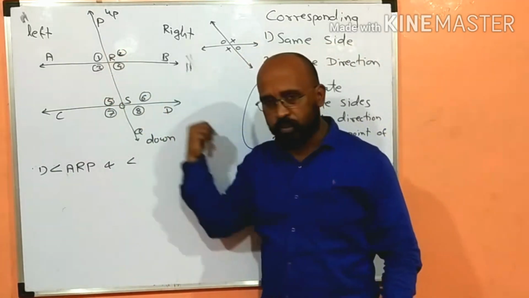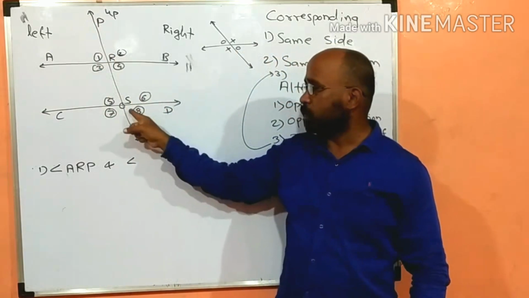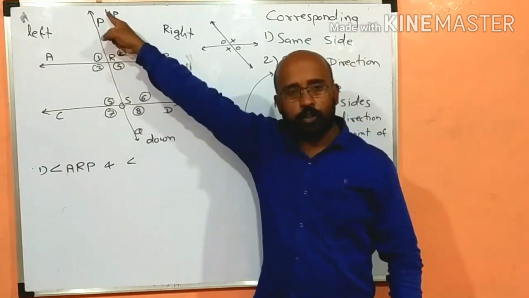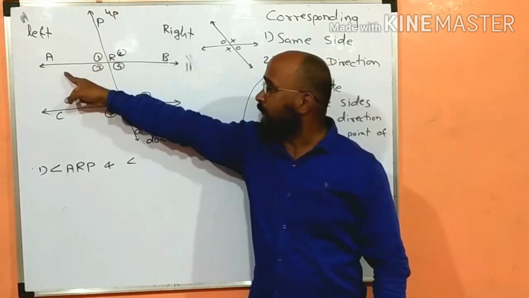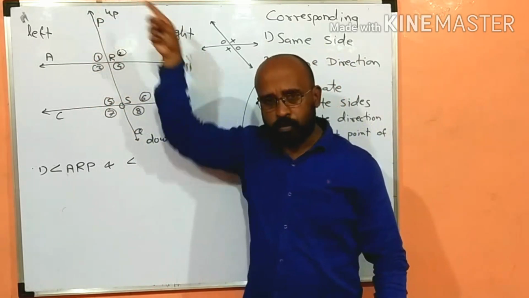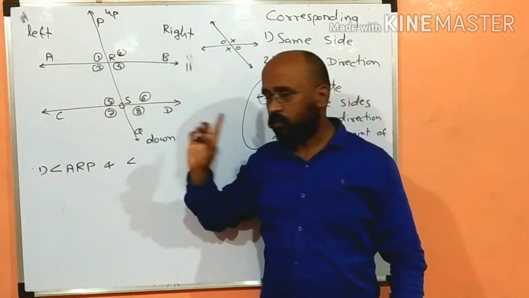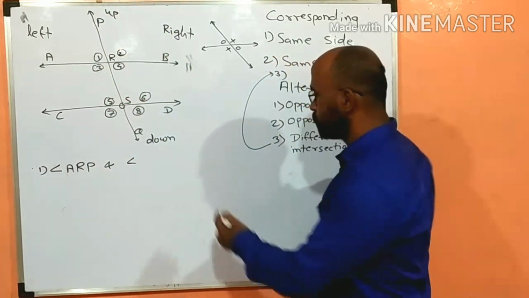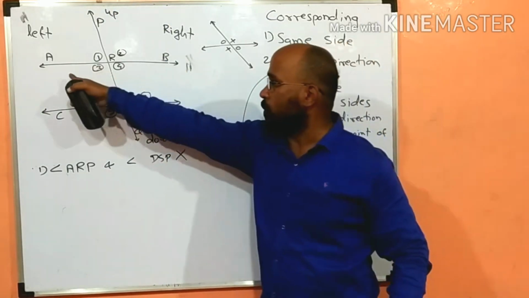DSP is on opposite side of ARP. Direction of DSP on transversal. SP is part of transversal which is going towards up on the transversal. In case of ARP, RP is part of transversal which is going up on the transversal, means directions are same. So DSP is not alternate angle of angle ARP.